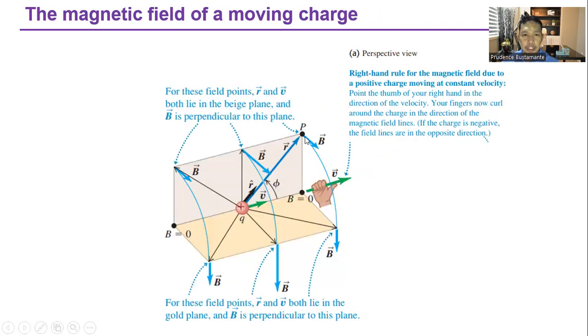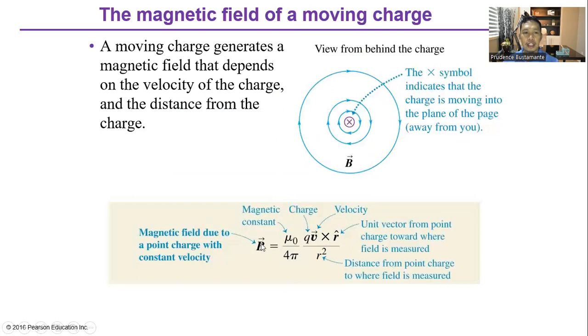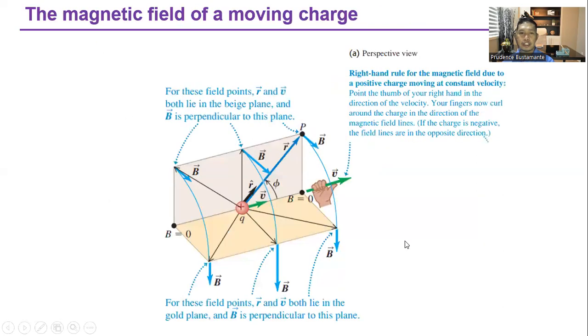The magnetic field due to a point charge with constant velocity is equal to the magnetic constant, the charge times the velocity cross the unit vector pointing from the charge towards where the magnetic field is measured. The distance from the point charge to where the field is measured is r. You could measure here, here, here, as long as you know the distance r.